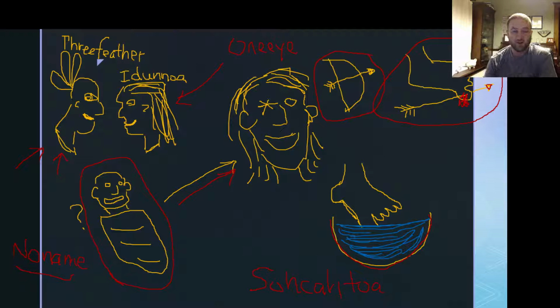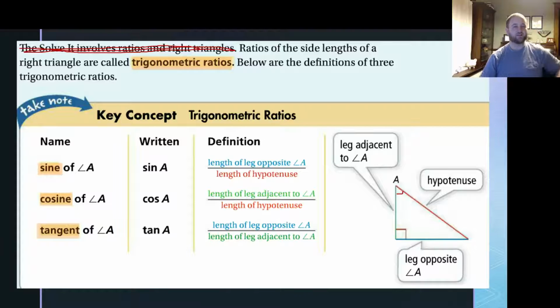So from that point on, No Name was known as SOHCAHTOA. And once his father ended up passing away, he became Chief SOHCAHTOA. So that is the story of how SOHCAHTOA became chief and earned his name. The end. Alright, so let's go ahead and get started with our lesson for today.